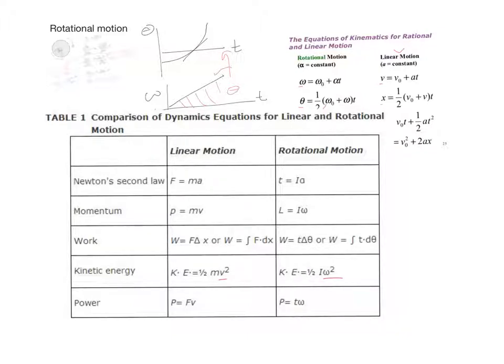And what we can see is everywhere where there's an m, it gets replaced with an I. So when we talk about the kinetic energy, we'll see where we get that letter I from. All right, same thing with power. Fv is now T omega. All right, so let's take a look at the rotational kinetic energy here, and let's figure out where we get that I.